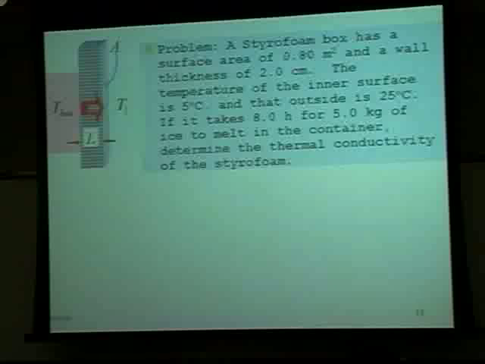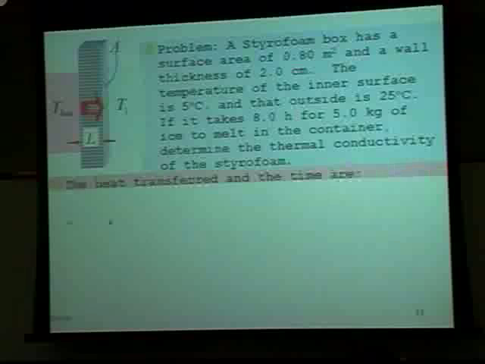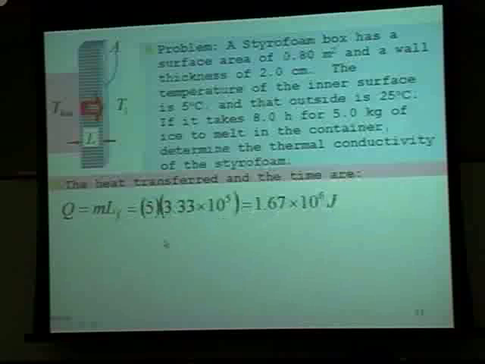So we can calculate the energy as being the mass times the latent heat of fusion to figure out how much energy would be required to melt the ice. 5 kilograms, and there's 3.33 × 10⁵ joules per kilogram for the latent heat of fusion. That means we need 1.67 × 10⁶ joules to pass through the styrofoam for this to occur.